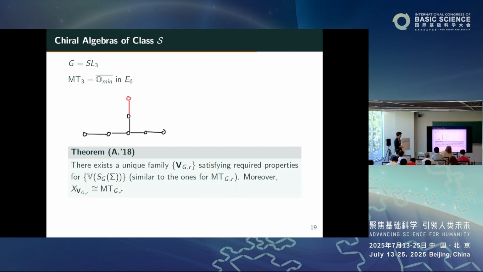Moreover, the associated variety of this vertex algebra is isomorphic to the Moore-Tachikawa varieties. By this uniqueness statement, this must be isomorphic to the vertex algebra coming from class S theory. And the last statement means that the Beem-Rastelli conjecture on the coincidence of the Higgs branch with the associated variety is true in this case.